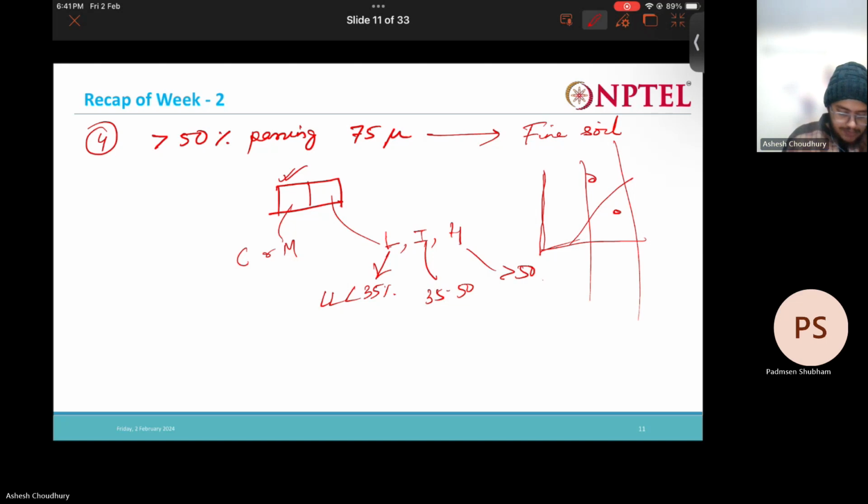It is just a hypothetical situation: 50% is passing through the 75 micron sieve, and 50% is retained on it. So 50-50, 50% fine, 50% coarse. Then how are you going to classify if the case is 50-50?